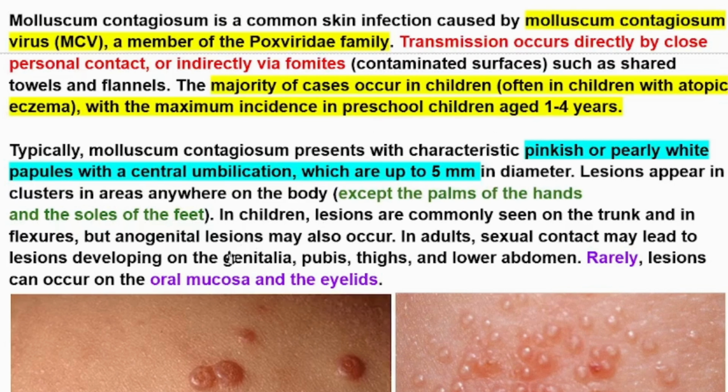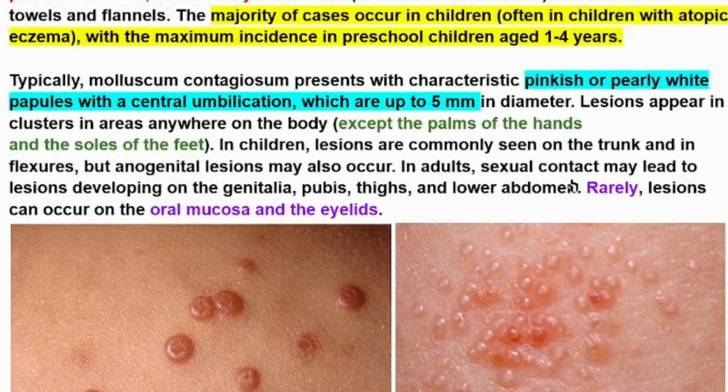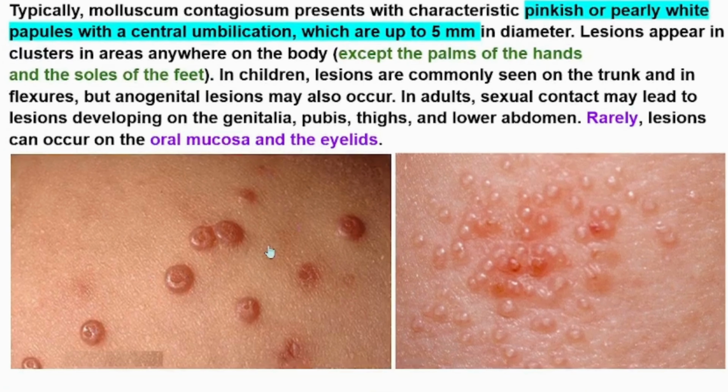Typically Molluscum contagiosum presents with characteristic pinkish or pearly white papules with a central umbilication, which are up to 5 mm in diameter. As we can see here, pinkish or pearly white lesions or papules with a central umbilication. Central umbilication is important in lesions of Molluscum contagiosum.